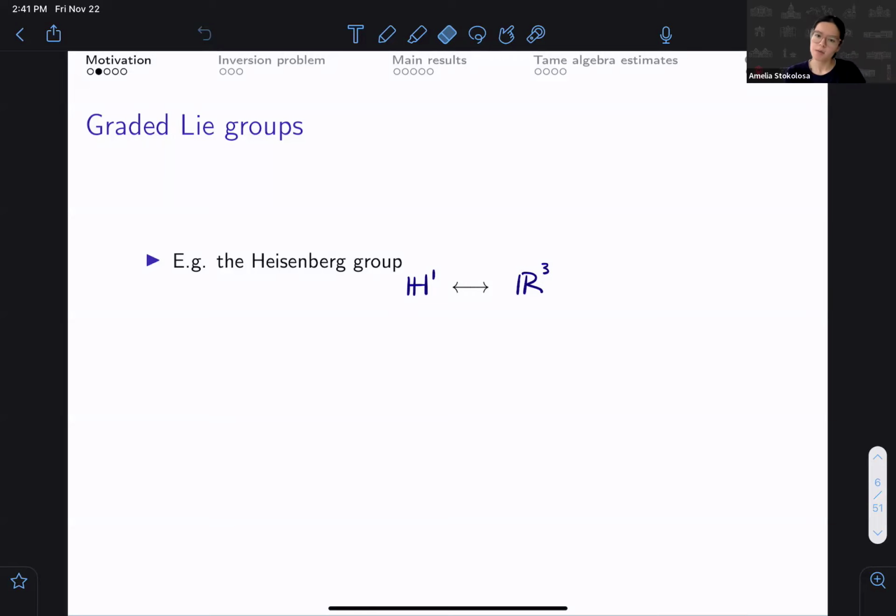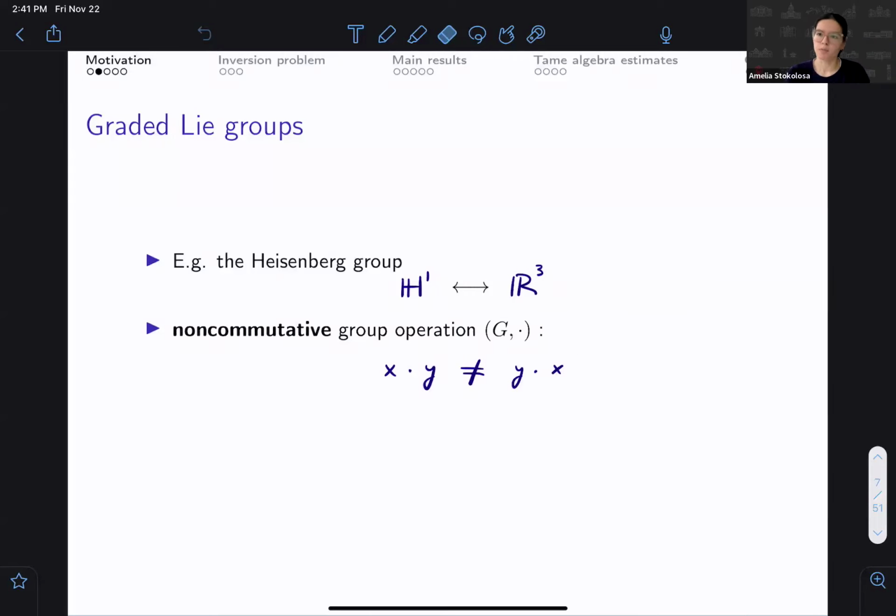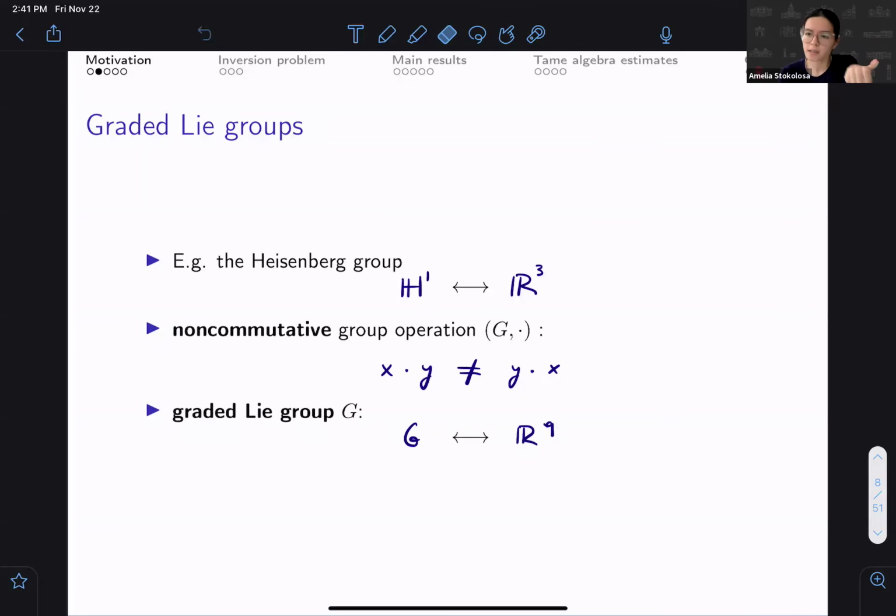The only thing you have to keep in mind is there's a non-commutative group operation. This non-commutative group operation is going to be a big obstacle in our problem. So from now on, whenever you see the notation G, this stands for a graded Lie group, which can be identified with RQ for some integer Q.